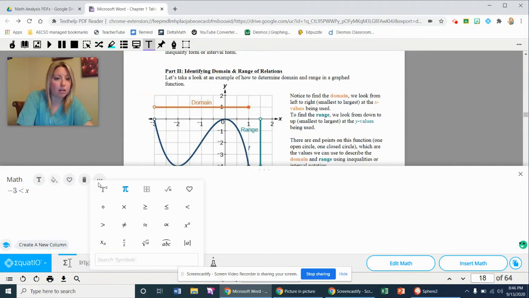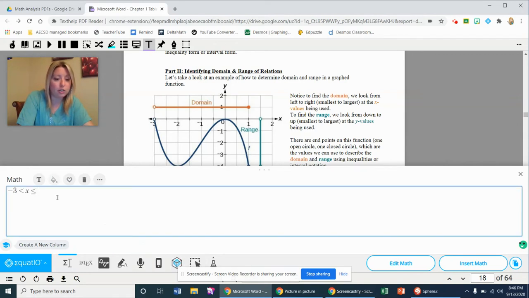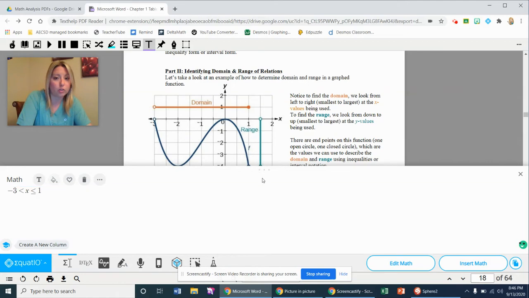And then let's get a less than or equal to in there. The reason we have a difference between those is because here we have an open circle. So -3 isn't one of the values that x can be. But anything above -3, up to and including 1, is an x value it can be. And again, including 1 because that's on a closed dot, as you can see there.